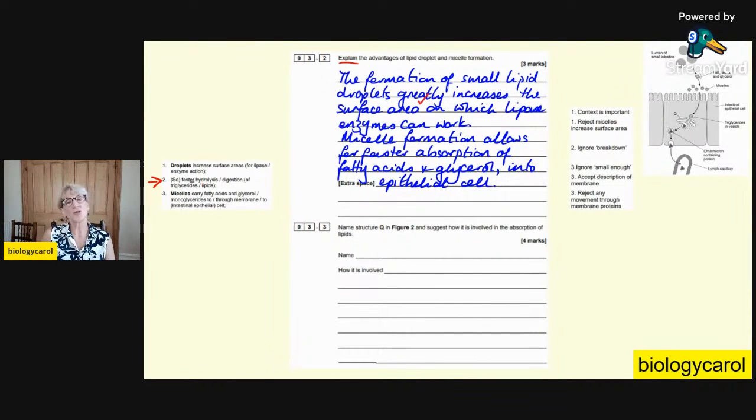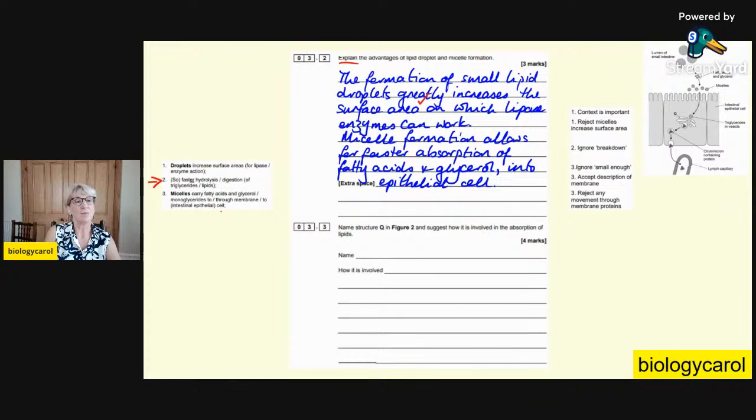And I also should have recognized that this question is about what makes the lipase digestion faster. And as I was writing this first bit, I nearly extended this sentence to say breaking down, hydrolyzing triglycerides into fatty acids and glycerol. But I didn't. I lost the mark here.